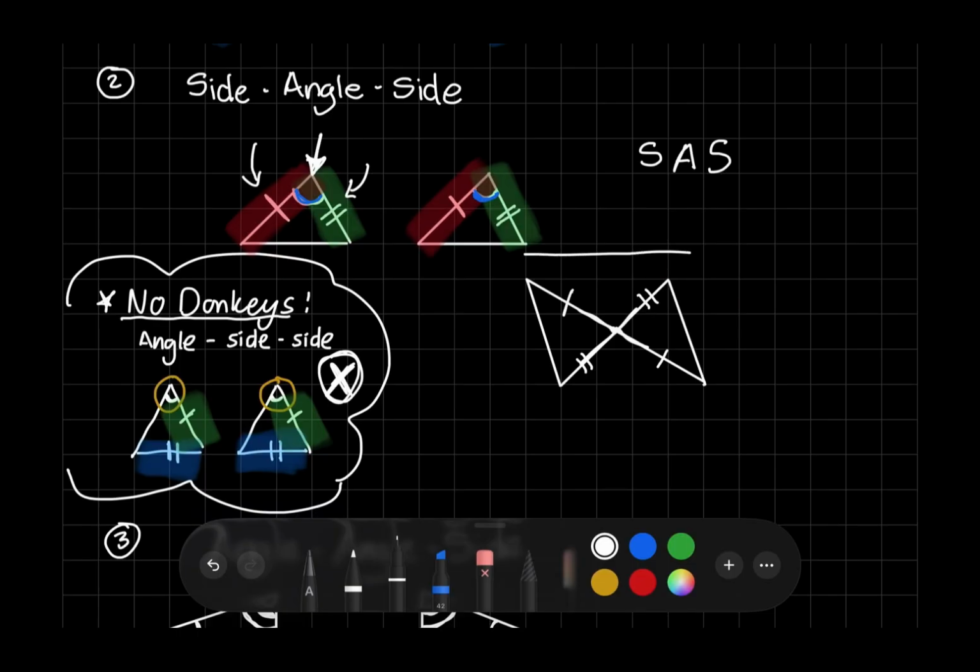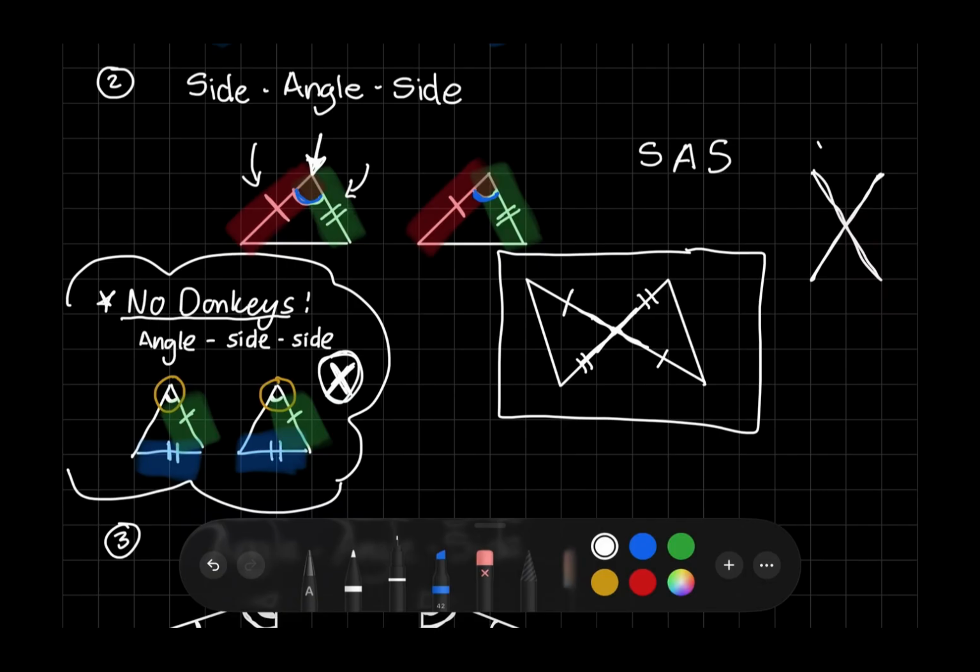Here's another example of side, angle, side. And you might be saying, well, Ms. Hegwood, we don't know that we have a congruent angle. And you've been kind of right. It's not telling us that there's a congruent angle, but based on what we're seeing here, we know that there is a vertical angle. You may remember hearing about vertical angles from when we went over parallel lines and transversal angles.